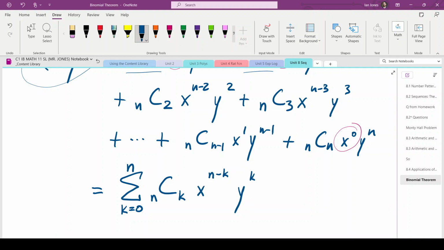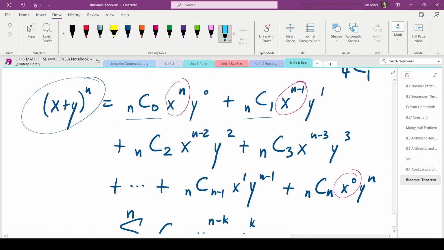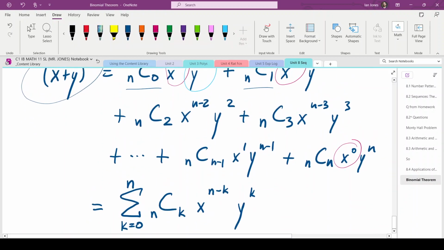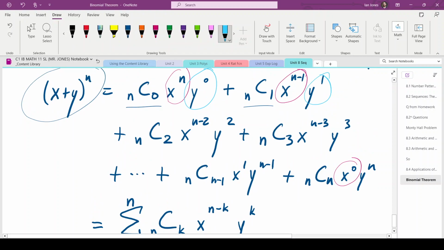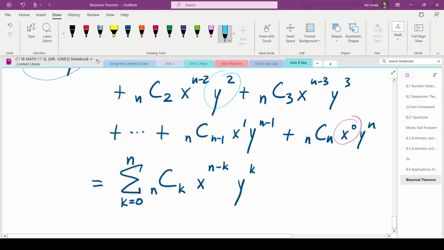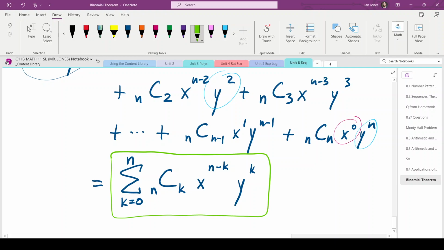Okay, so y starts with an exponent of 0 when k is 0. Then k goes to 1, we get y to the 1. k goes to 2, we get y to the 2. All the way to the very end, k is n, we get y to the n. Okay, so this here is a nice compact notation for a binomial expansion.